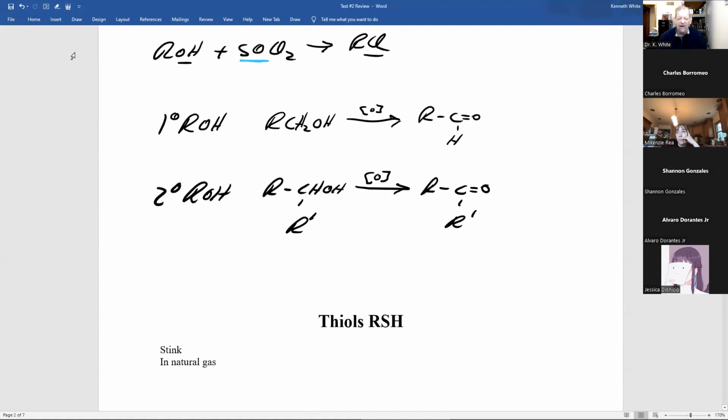Next, I talked about oxidation. In general, the way organic chemists show a general oxidation reagent is a bracket O closed bracket.